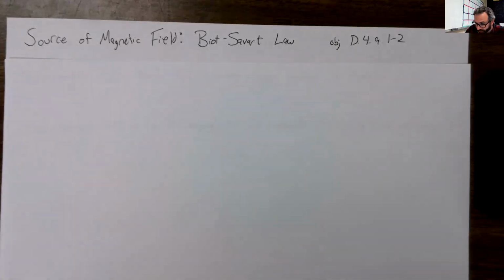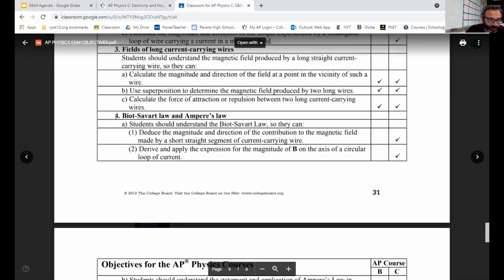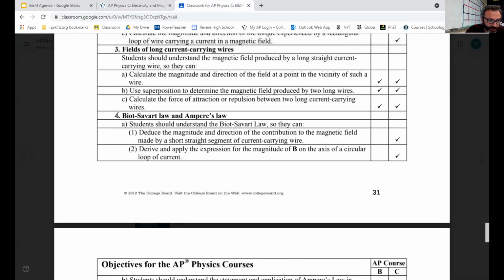So just a real quick look at the objectives. This is number 4 in objective D. Students should understand the Biot-Savart Law so they can deduce the magnitude and direction of the contribution to the magnetic field made by a short, straight segment of current carrying wire.